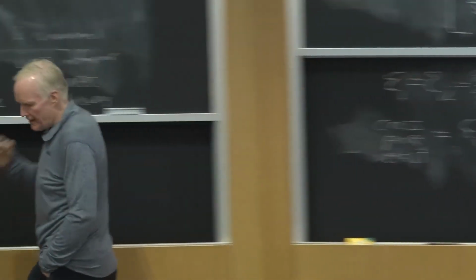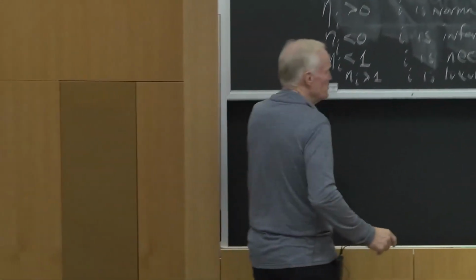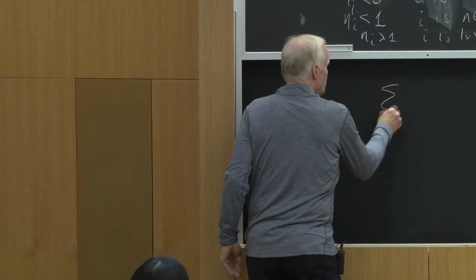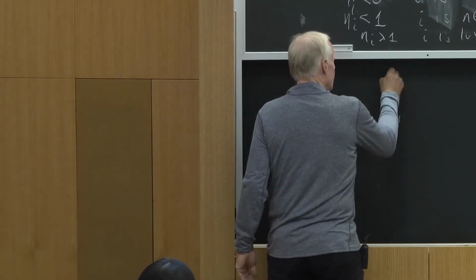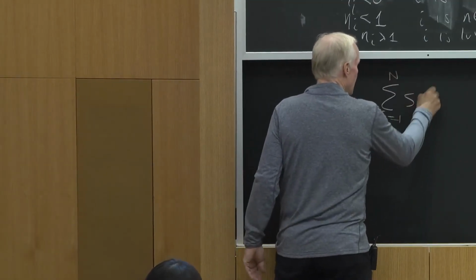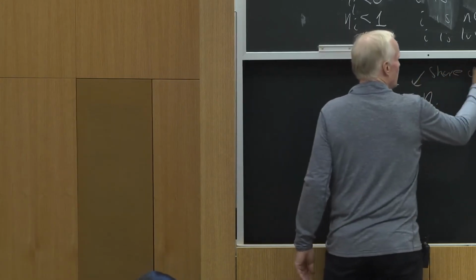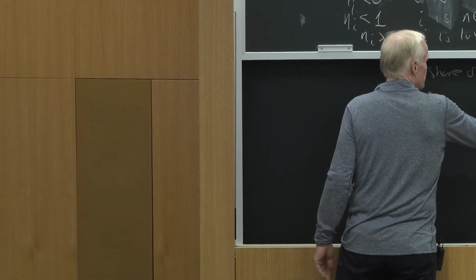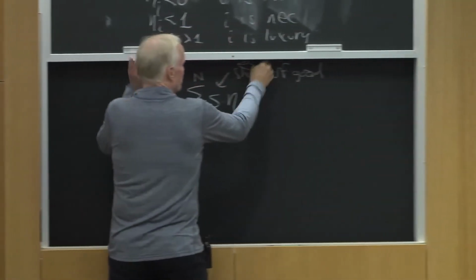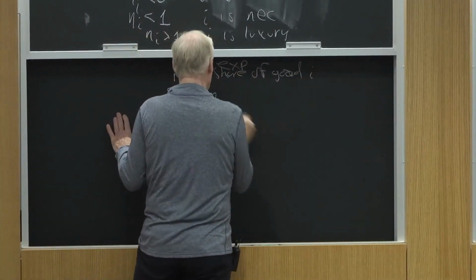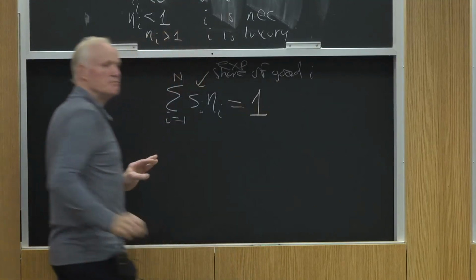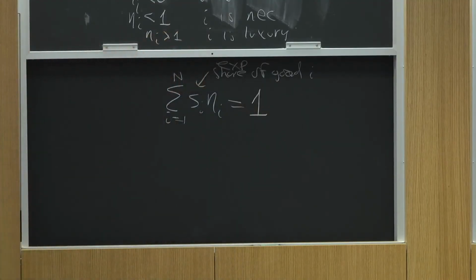So 1 is kind of the reference, and you can prove for yourself that the sum from i equals 1 to n of s_i times eta i, where s_i is the share of good i in expenditure, has to be equal to 1. You'll be able to prove that pretty straightforwardly. Go home and prove that.